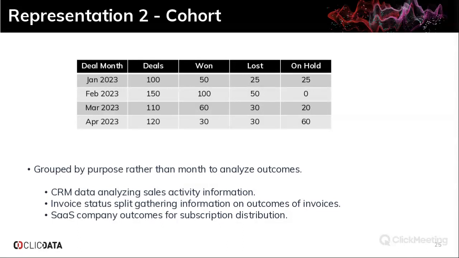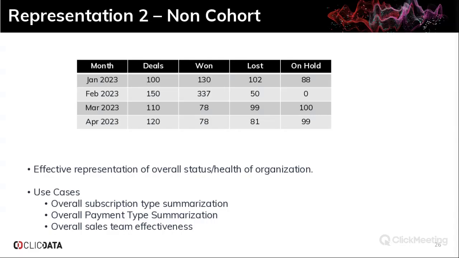How many were lost? Whereas in a non-cohort fashion of looking at the same thing, we are not looking at the deals that were created in a specific month, but I'm just looking how many deals did we win this month? We have 130 deals that were won in the month of Jan 2023.